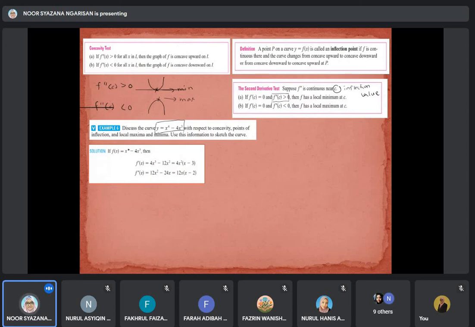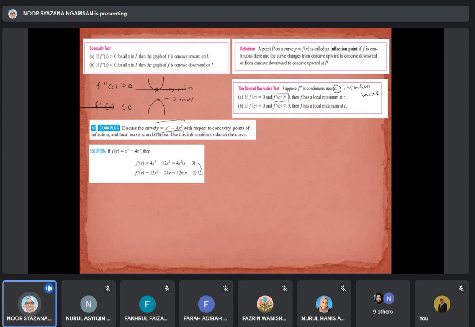Original function x power 4 minus 4x power 3. First derivative, differentiate sekali, you get 4x power 3 minus 12x squared, or when you factorize, you get 4x squared in bracket x minus 3. And then differentiate again to find the second derivative: f double prime x equals 12x squared minus 24x, and when you factorize, you get 12x in bracket x minus 2.